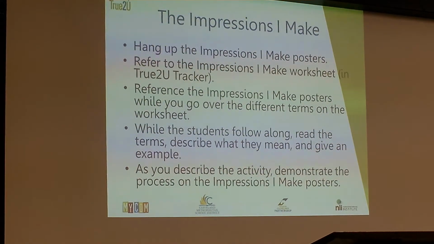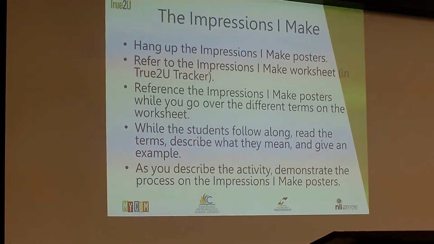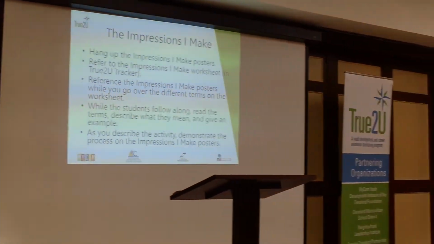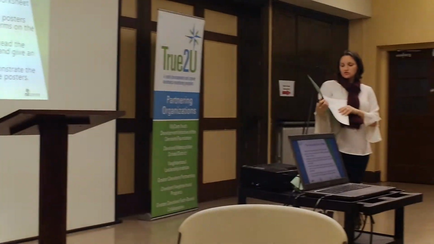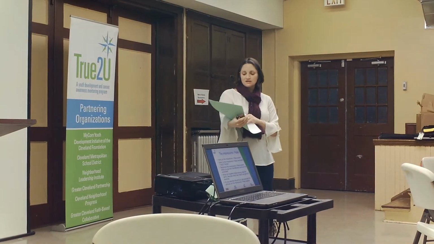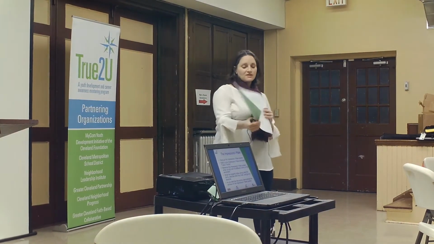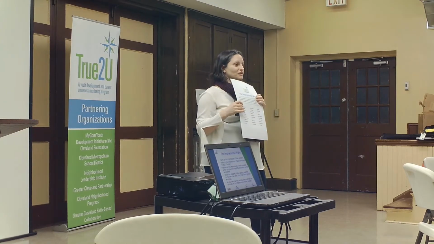And basically what this activity is getting them to think about is the impressions that they make on different groups of people. So this first worksheet, or this first poster, you can see at the top, it says, how do you think others perceive you? Be as honest as possible. And then there's 3 different groups of people that are listed.